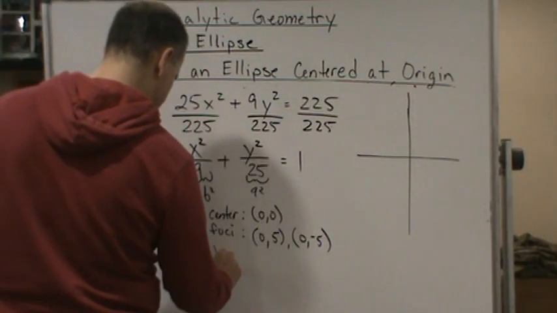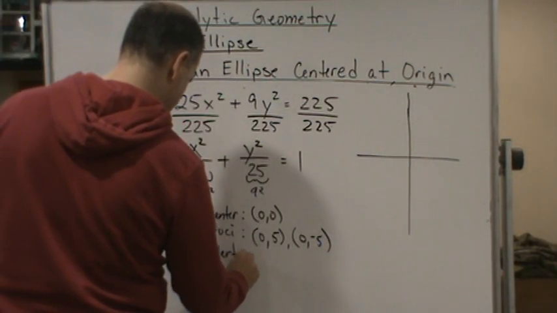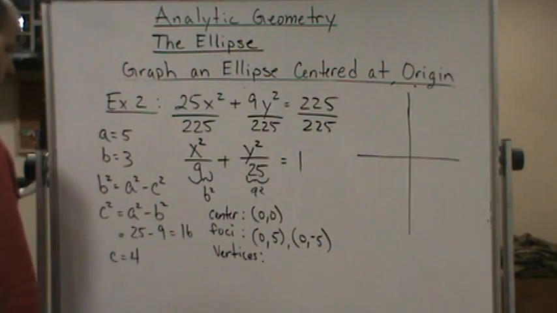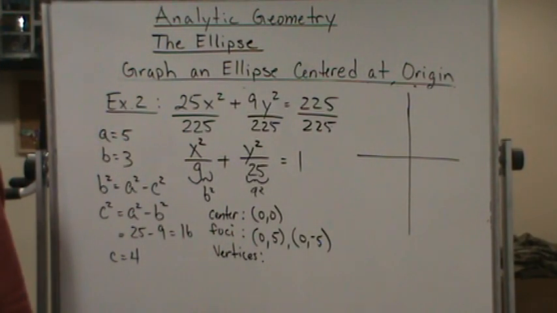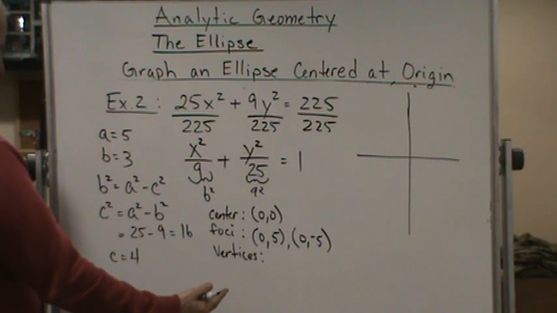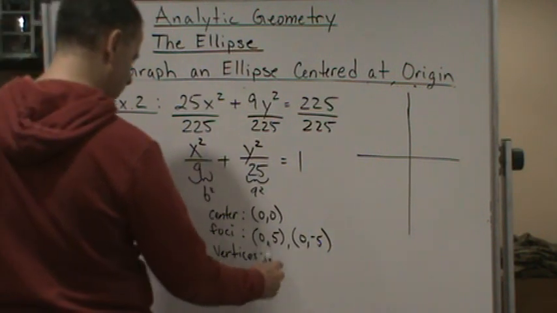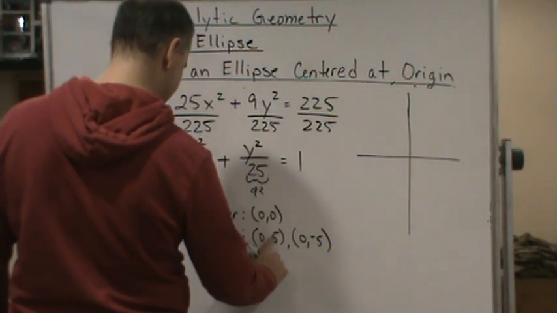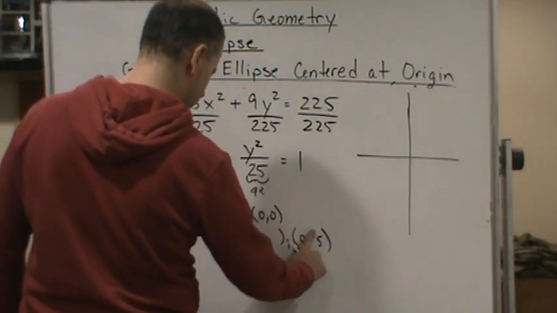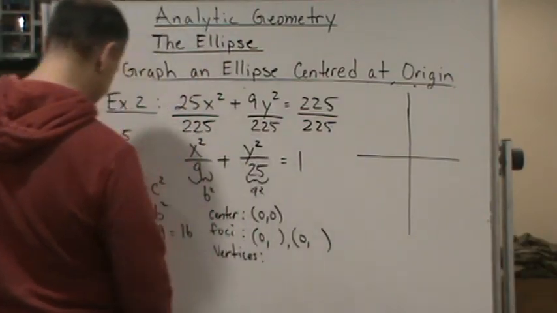And then, of course, the vertices will also be along the y-axis. So again, those are going to be your, oops, I screwed up. The foci are c values. Sorry. So this is going to be c, 4.